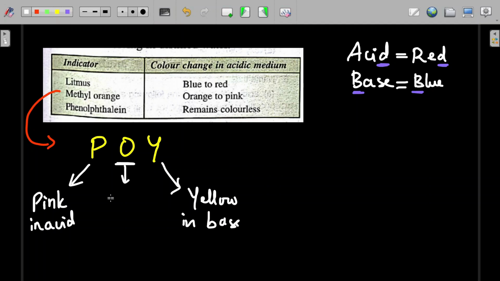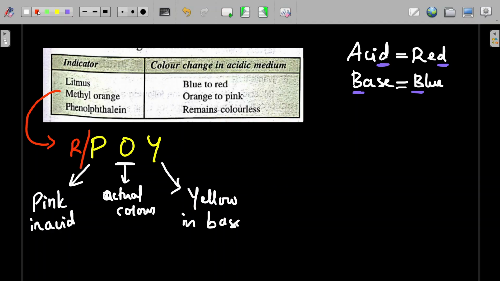O is its original color, that is orange, in the neutral condition, or you can say just the actual color. So if they ask you what is the color change of methyl orange when you put it in the acid or in HCl solution, it changes from orange to pink. And in the basic condition, it changes from orange to yellow. Pink, or sometimes they may give you red, then red also you can select.